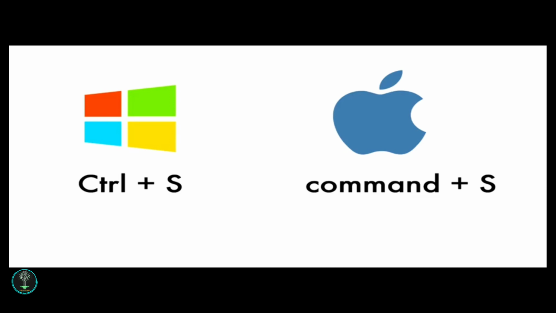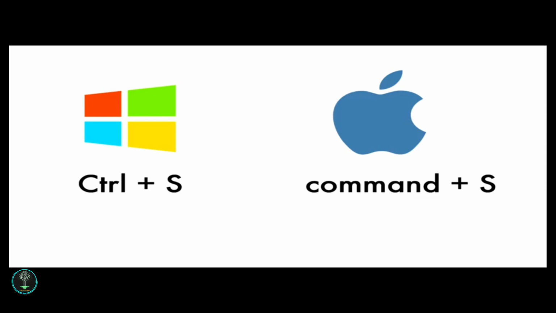I would highly recommend that you get into a habit of using these shortcuts because right now it's a very simple code that you're writing, but as you progress during this training, and even once you join a company and become a professional software developer, you will be saving your file multiple times. Using these shortcuts will save a lot of time for you.